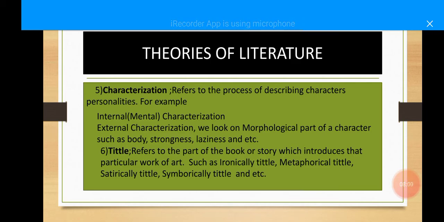Also, external characterization looks at the morphological part of the character, such as body, strongness, laziness, and so forth. It differs from internal or mental characterization, which looks at what is inside, or what kind of things he or she thinks.